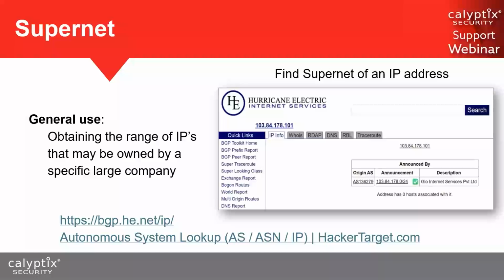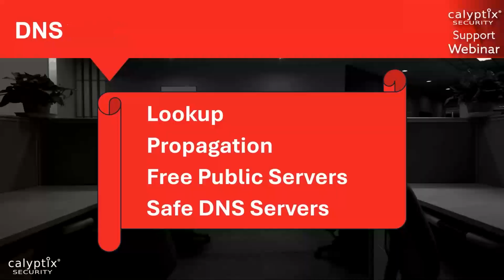Now, do note, most times, if you're dealing with smaller companies, they don't own the whole range. So you might be putting IPs in there that are not part of that range. But this is something that has assisted me, and I did want to pass it on. So the bgp.he.net/IP is where I go to put in IPs to find out what the supernet is of that IP address.